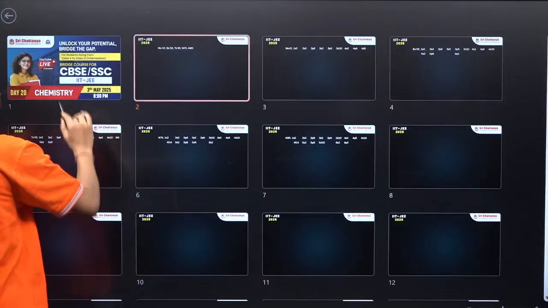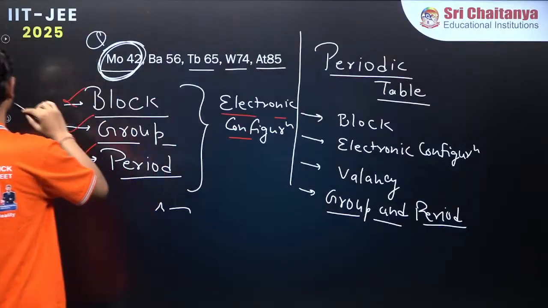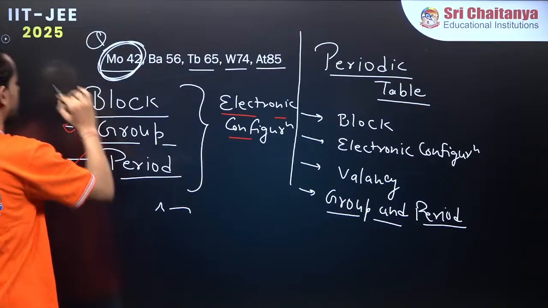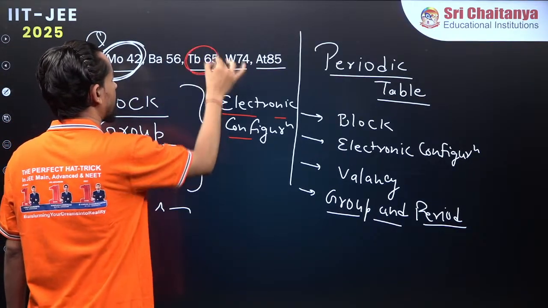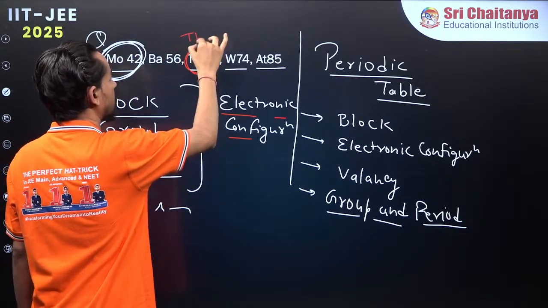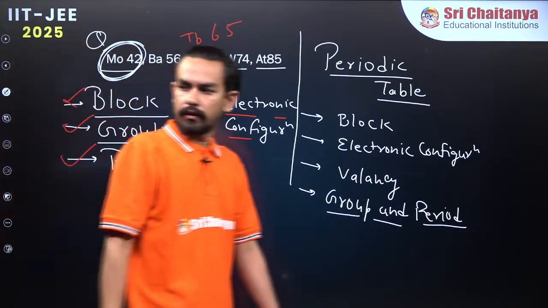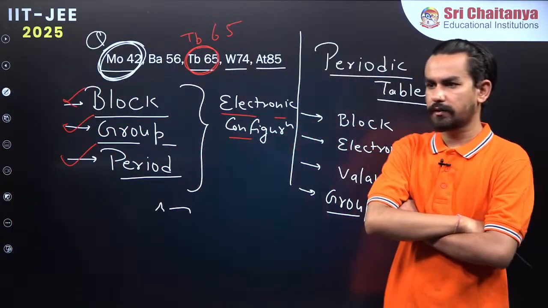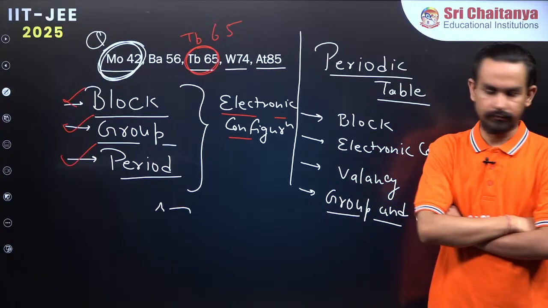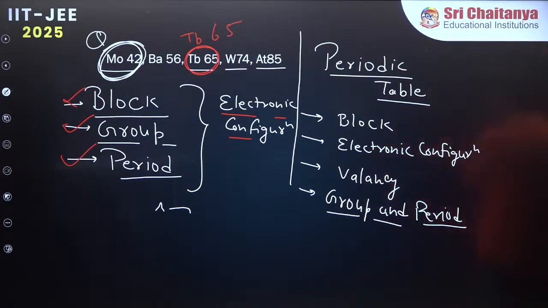Next is Tb 65. Move to Tb 65. Do it fast.